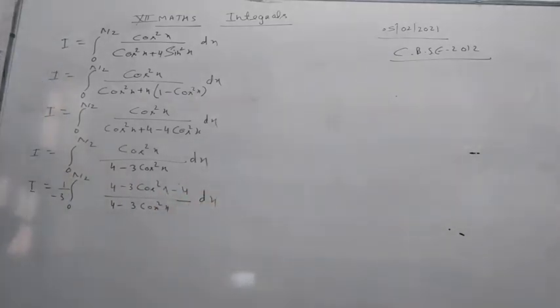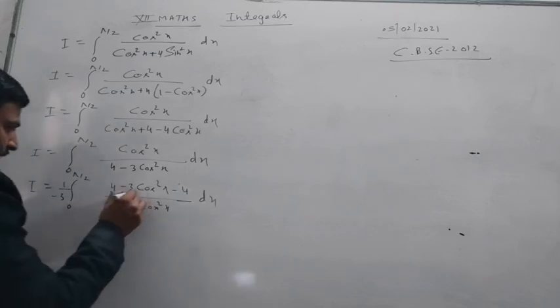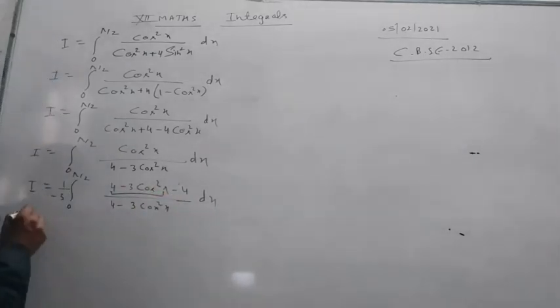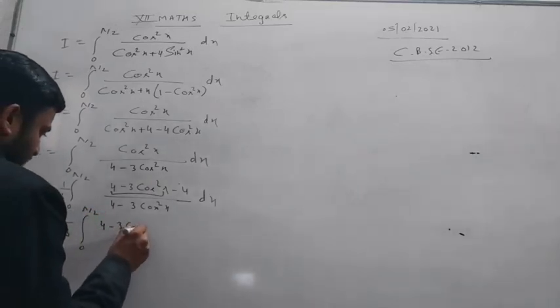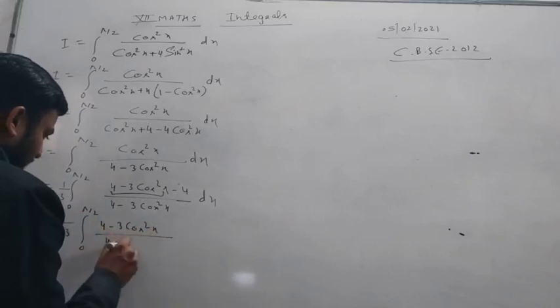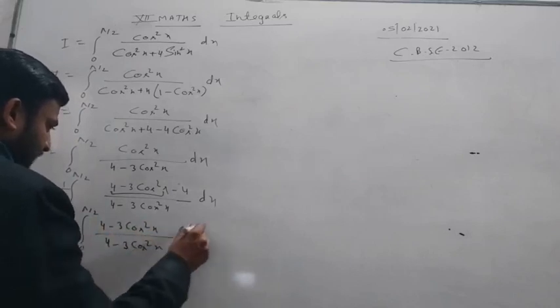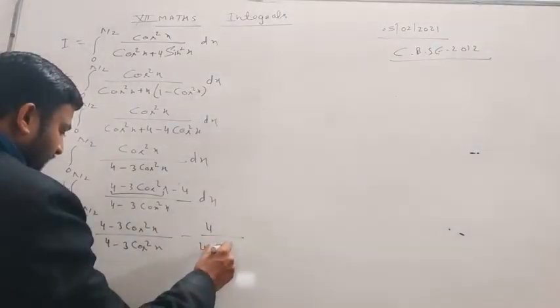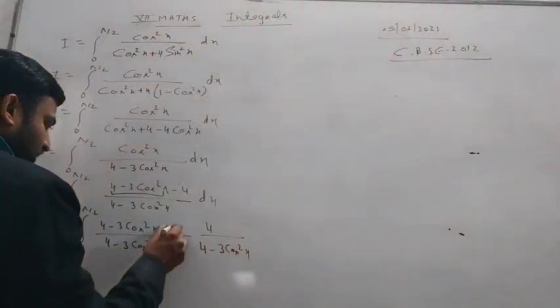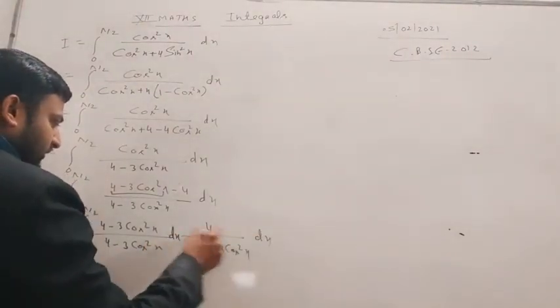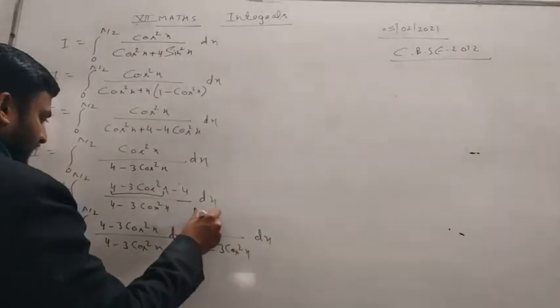Okay. Now there are two terms, students. Now we are separating this into first and second. So we can write I is 1 by minus 3 times the integral from 0 to pi by 2 of 4 minus 3 cos square x by 4 minus 3 cos square x minus 4 by 4 minus 3 cos square x, dx.